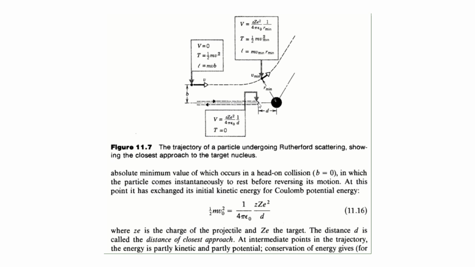There it stops and reverts its direction back to the direction from which it came. At that point, you just have potential energy, which is given by this expression with the distance of closest approach in the denominator, and its kinetic energy would be zero.